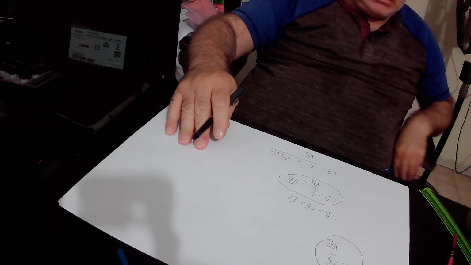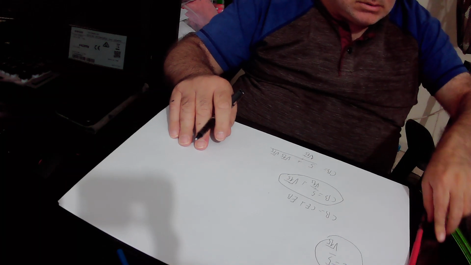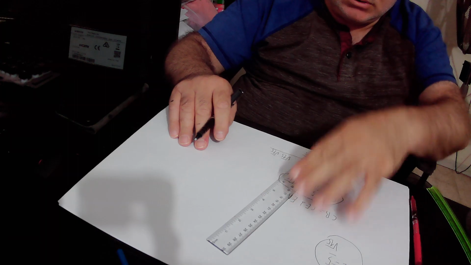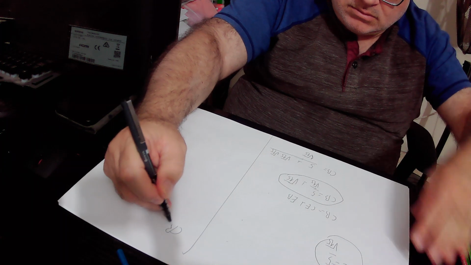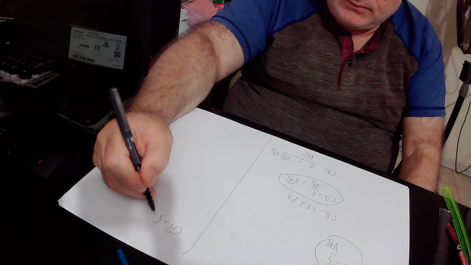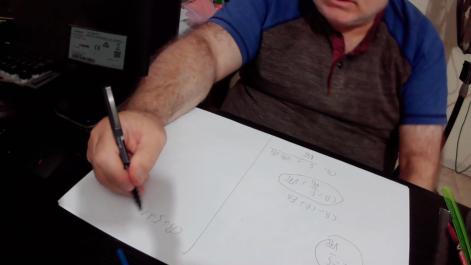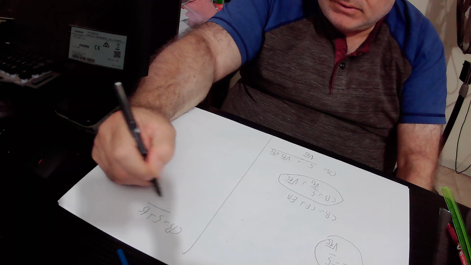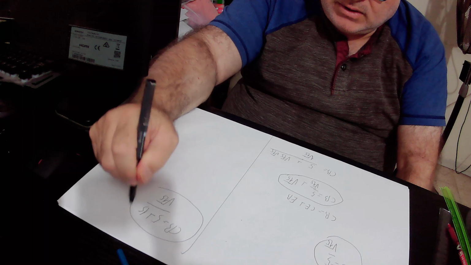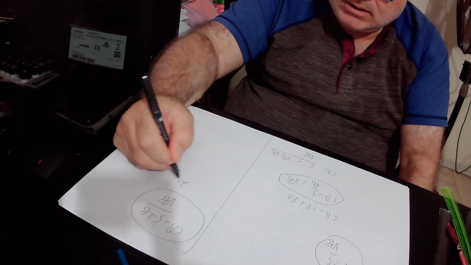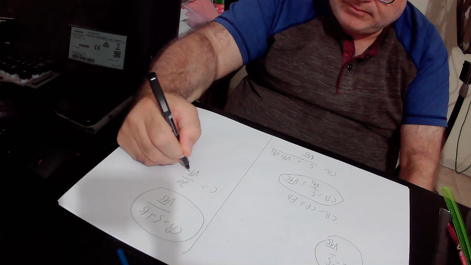So we actually found out that chord CB, the chord that we are looking for, equals 5 plus square root of 15 times square root of 15, which is 15, over square root of 15. 5 plus 15 is 20, so CB equals 20 over square root of 15.